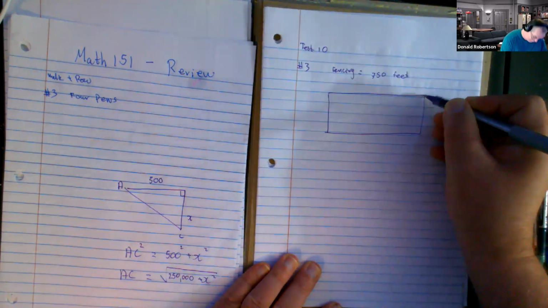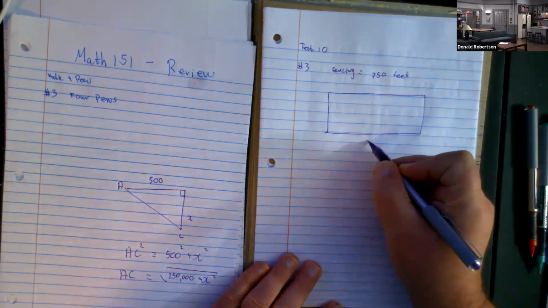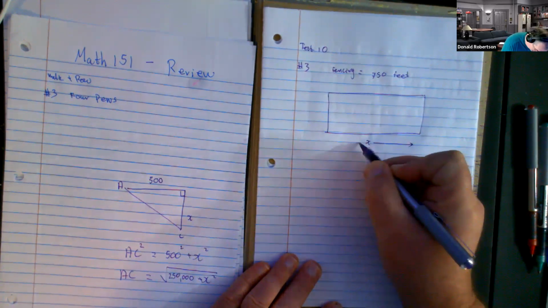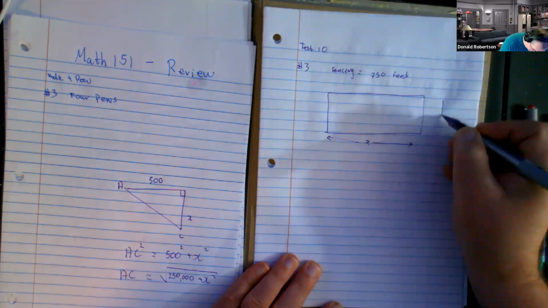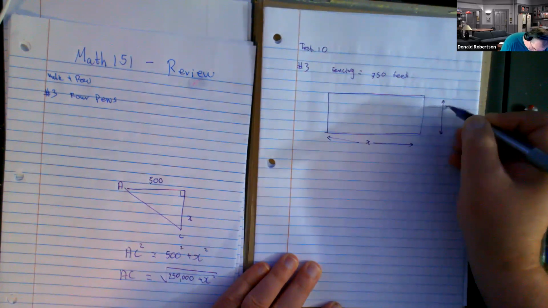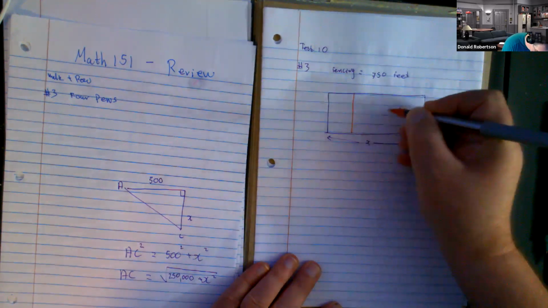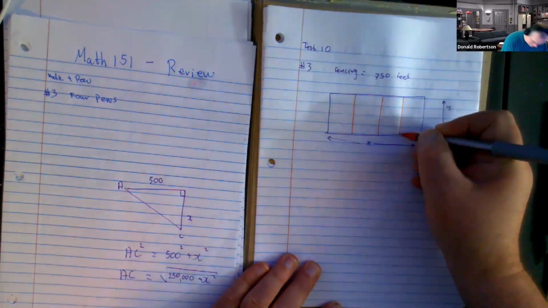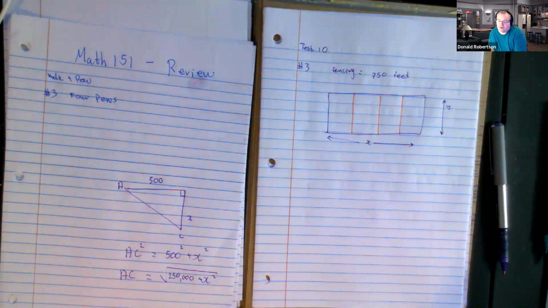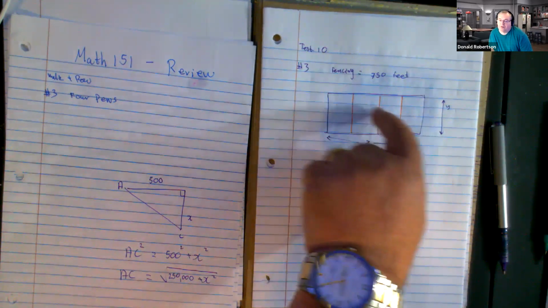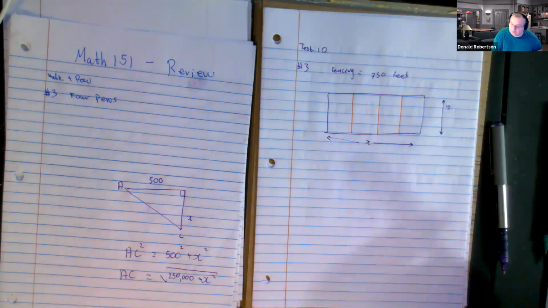So there's a large rectangular area. I'm going to call this distance X. And I'm going to call this distance Y. And of course, you could switch places if you wanted. And I'm going to divide it into 4 pens. And I've decided to split it this way. Could I split it the other way? Yes, and you get the same answer, so we're good.